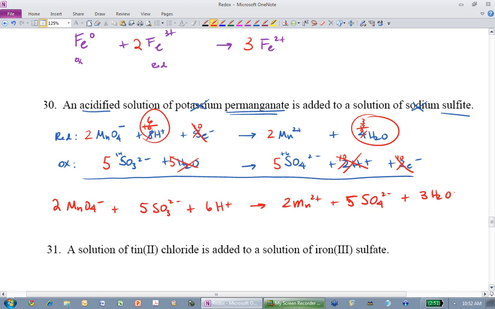Total charge on the left, minus 2, 5 times 2 is 10, so that's minus 12, but take away 6, so that is a minus 6. So then I have plus 4, minus 10, so that's a minus 6. Yippee skippy, balanced.